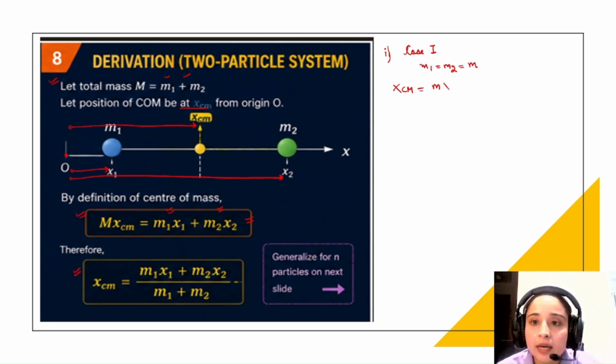So I can write m x1 plus m x2 divided by the total mass of the body, that is m plus m. So simply you can write x1 plus x2 divided by 2. So always remember, if we have two equal masses, then the position of the center of mass is simply the sum of x1 plus x2, divided by 2.